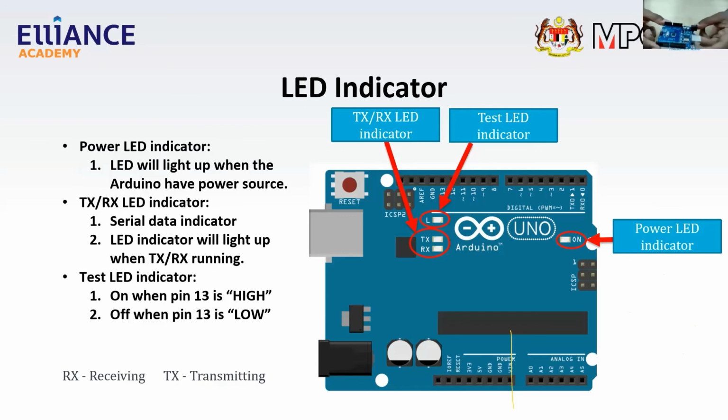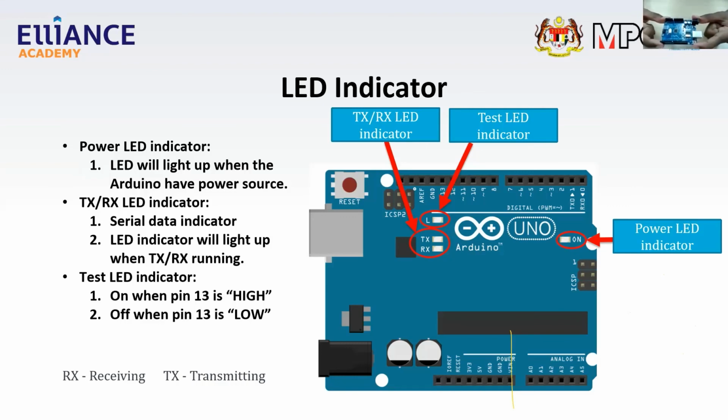So if I go through again, 3 LEDs on the board. The first one is the ON LED, to indicate if the board is powered up. Next we have the TX LED, which means the Arduino is transmitting data out from the board. This light will blink. And then we have the RX LED.